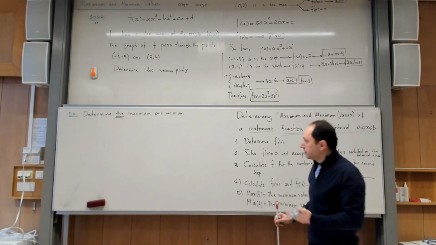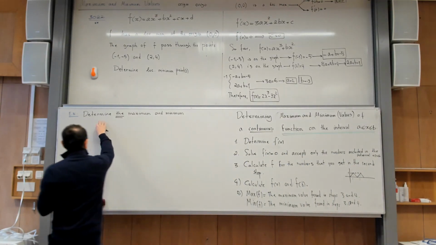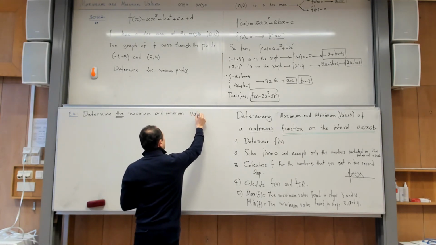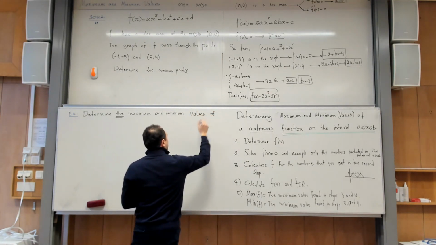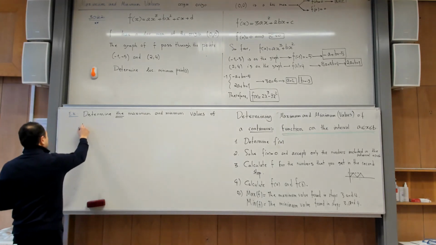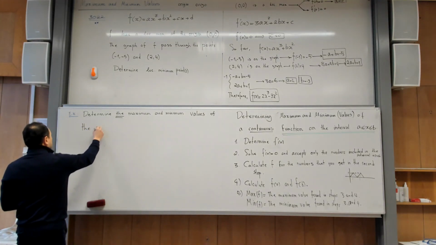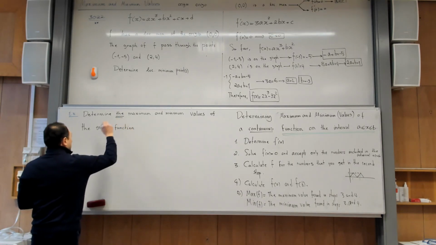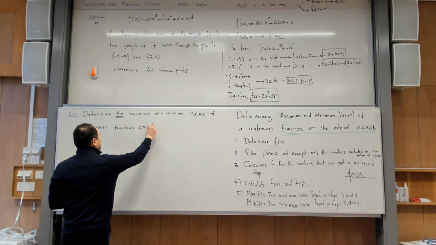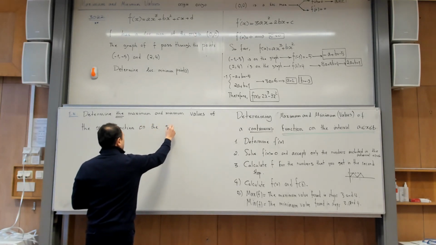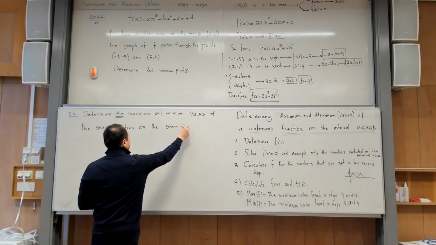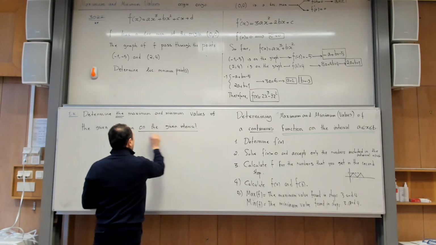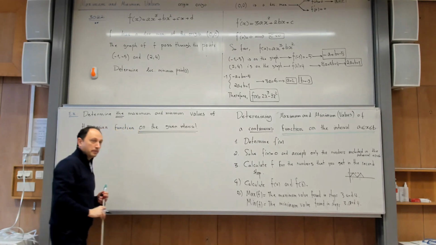So determine the maximum and minimum values of the given function on the given interval. So again, let me emphasize here. This is the key word in the exam problem.